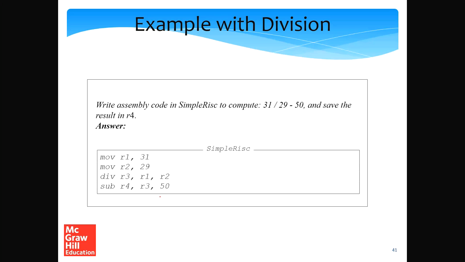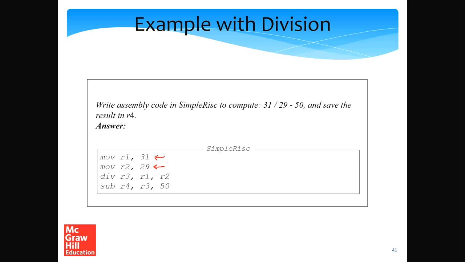Now let's show some more examples. Let's say write assembly code in SimpleRISC to compute 31 divided by 29 minus 50 and save the result in R4. No problem. Mind you, this is integer division. So 31 divided by 29, the answer will be 1. Let's map 31 to R1. Let's put 29 in R2 as can be seen in these two statements.